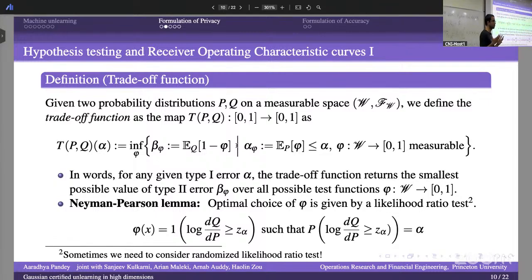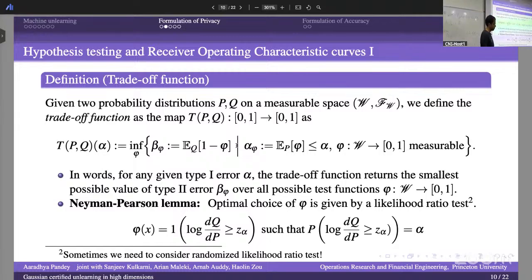There are 2 kinds of errors that you can make in this procedure. What are the 2 kinds of errors? One kind of error is when the reality is P0 or P, and your output is 1. So the reality is P and my procedure is outputting 1. You should think of this phi or psi, whatever you would like to call it, as an indicator of a subset of the space omega or W. That's one kind of error.